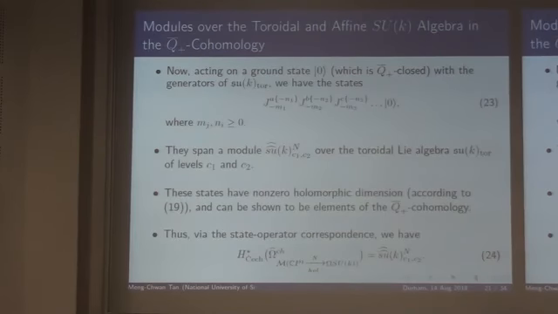Once you have these currents, you can construct states out of the expansion coefficients of these currents, in the usual sense, creation operators on these states. And you can show that these states, again, are in the Q homology: Q-plus closed, but not Q-plus exact, so they are in the spectrum of the quasi-topological model.